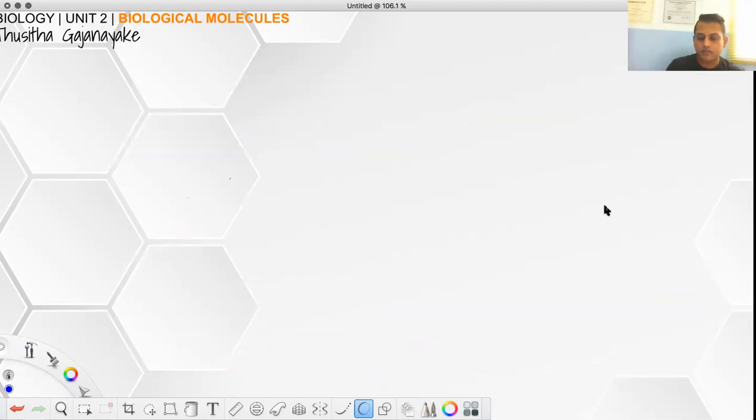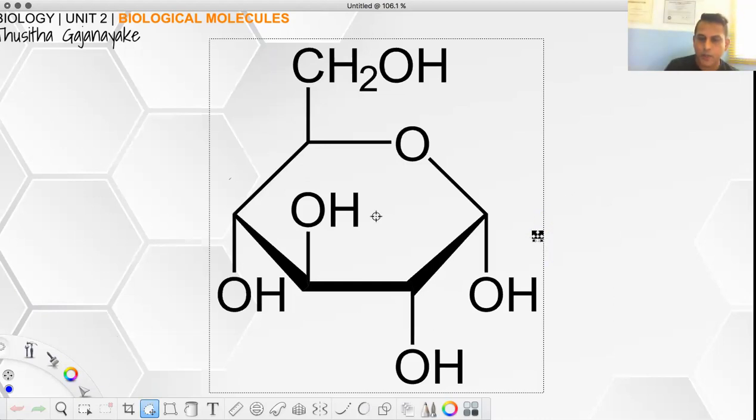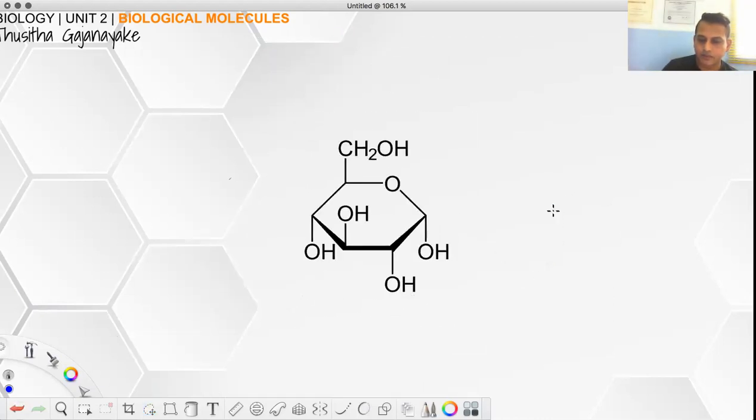Right now, if we take a glucose molecule, the oxygen and hydrogen, the hydroxyl group, can make a bond with the water molecules, right? If the water molecule is like this, this oxygen can make a hydrogen bond.